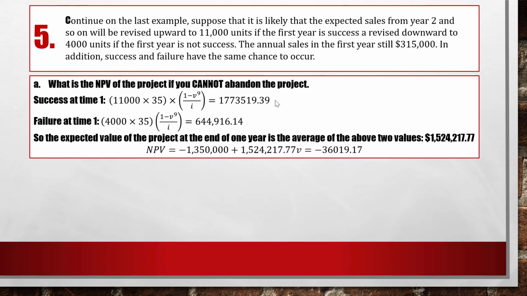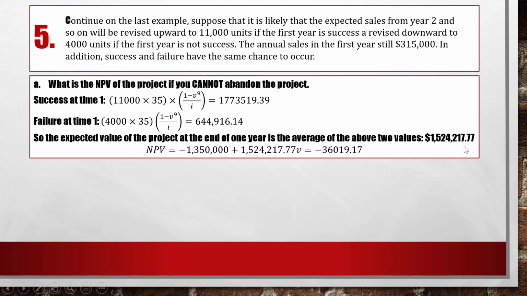We got 644,916.14. And because they have the same chance of occurring, 50%, 50%, the expected value of the project at the end of 1 year is the average of these two values. We take the average of 1,773,519 and 644,916. We got 1,524,217.77.